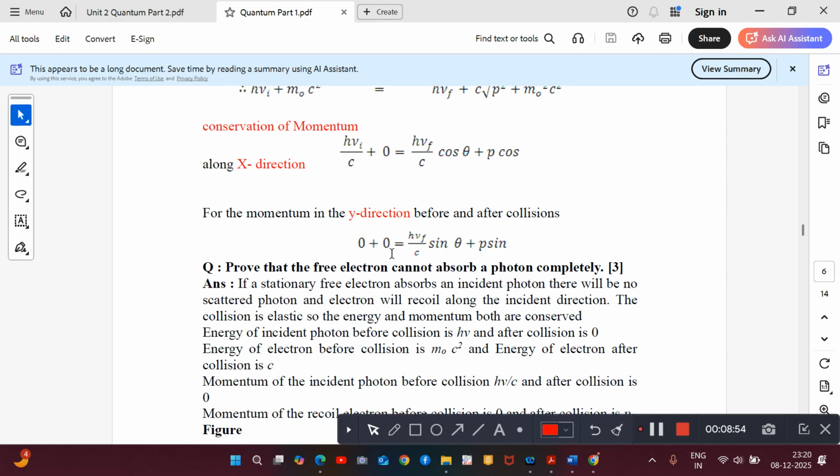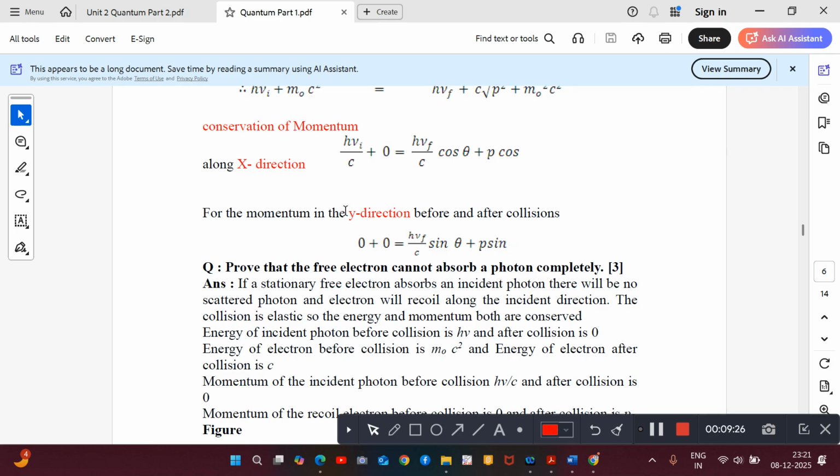Similarly, along y direction, since electron and photon both are moving only along x direction, before collision both are having zero component, whereas along y direction it is p sine of theta. So in this manner, the conservation laws of energy and momentum are expressed. Here, remember that it is not mentioned theta, but it should be theta over there.